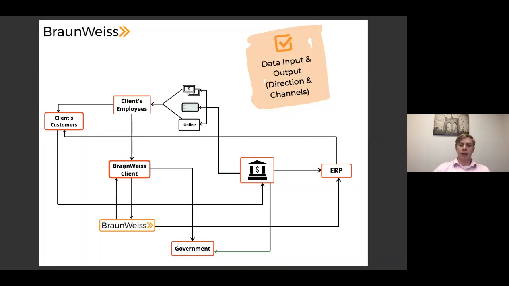And then the client themselves are taking the money out of the bank to pay the employees. Next we're going to see the BraunWeiss step. Here, the client is submitting some reports to us, and we're sending them back financial reports at the end of each month. Then we'll talk about the reconciliation of the ERP system that they have. And finally, the government remittance, where the client will upload the amounts, and then from their bank, it will be withdrawn.